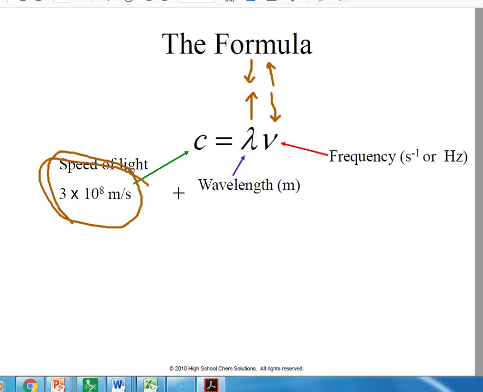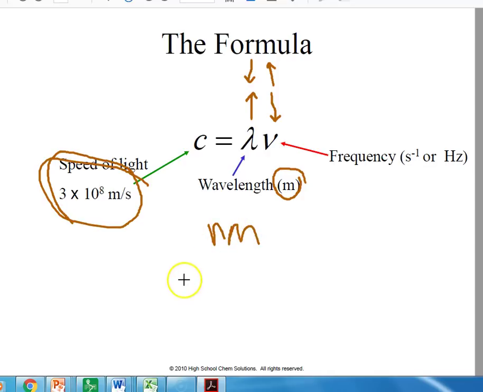This is a pretty simple calculation in terms of algebra, so whatever we want to solve for, we can rearrange fairly easily. However, our units can be tricky. For the speed of light, because it is 3 times 10 to the 8th meters per second, our wavelength has to be in meters. And this is rare. Wavelength is usually listed in nanometers.